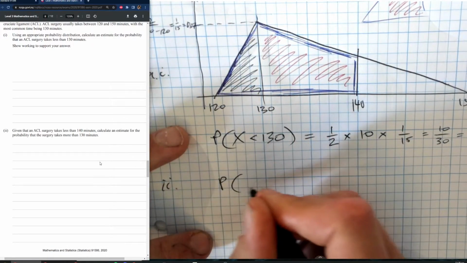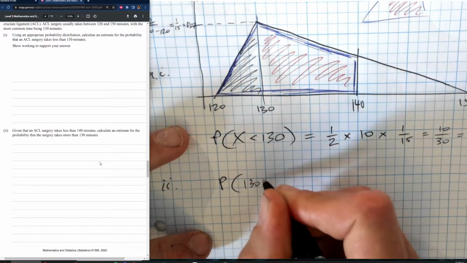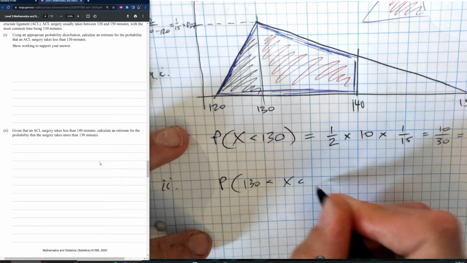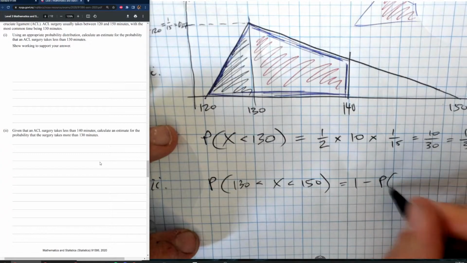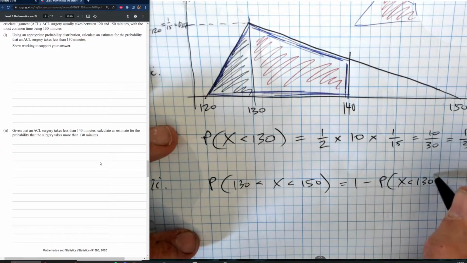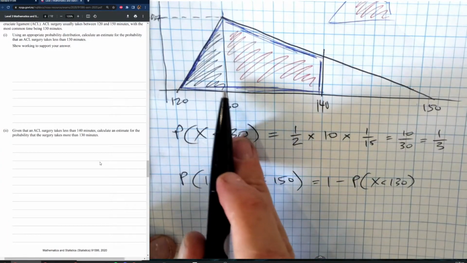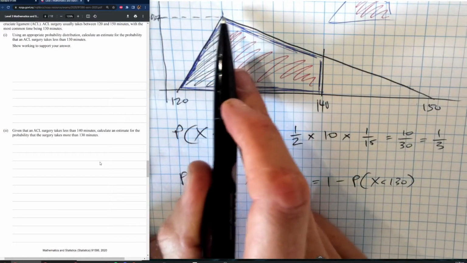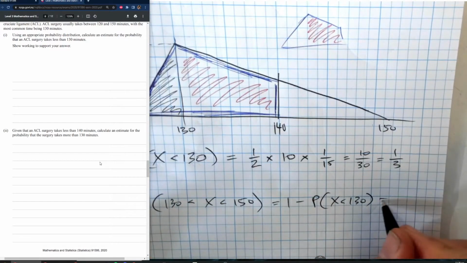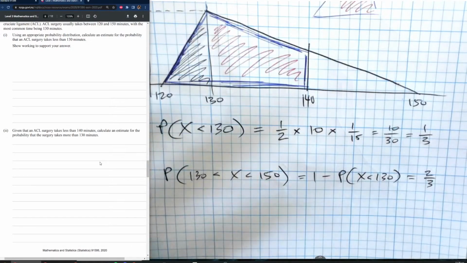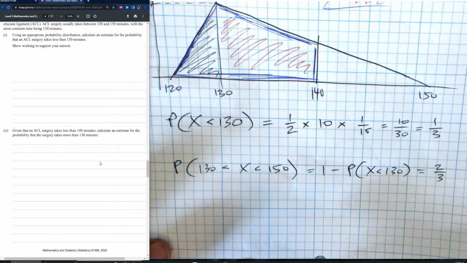So the P that it's between 130 and 150 equals 1 minus the P that it's less than 130. The area of this is just 1 minus the area of that, which we already worked out before. So that's 2 over 3. That is going to be helpful.